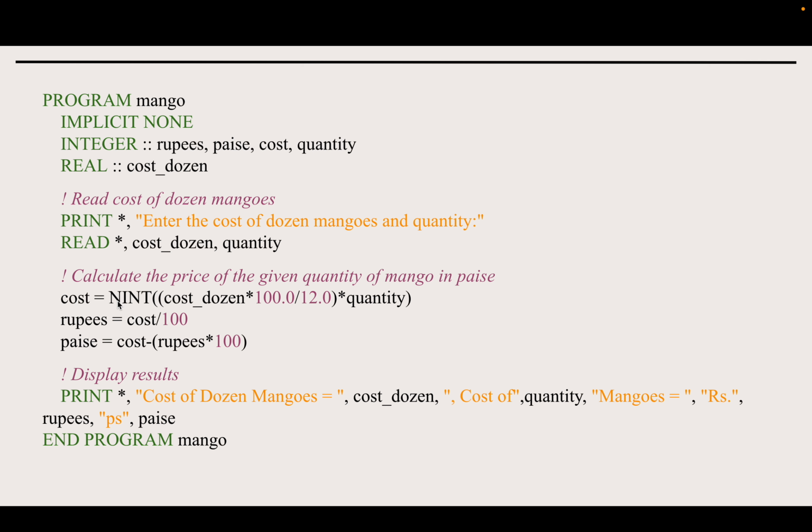So the cost is equal to the nearest integer of cost of dozen into 100 by 12, where 100 is to convert the rupees into paisa, and 12 is for the quantity in a dozen, and then the quantity for which we want to calculate the cost. Next, to convert it into rupees, we divide this cost by 100. Next, paisa is cost minus rupees into 100, and at the end we want to print the cost of the dozen of mangoes, then the quantity, then the cost in rupees and in paisa.